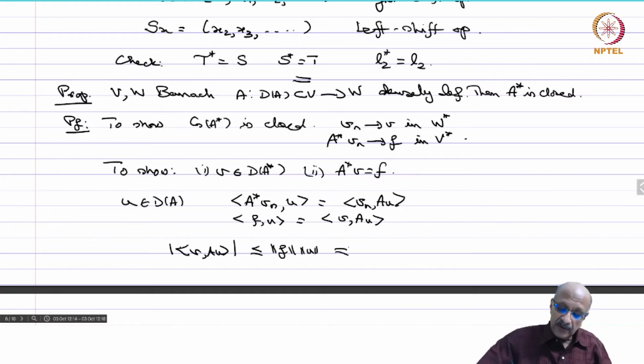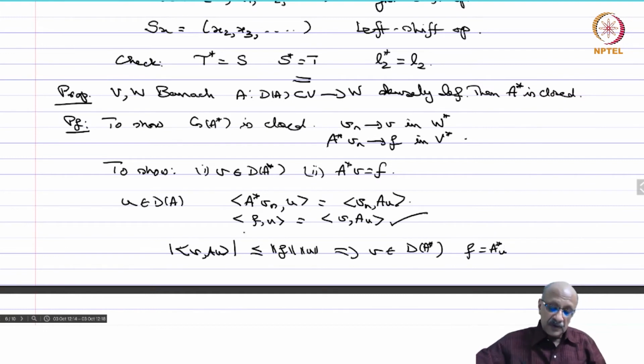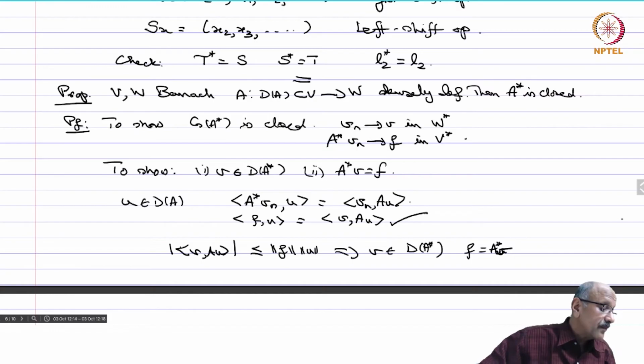So this implies that v belongs to D of A star. And this condition, which is true for all u in D of A, tells you that f equals A star v, because it satisfies the defining condition for A star v. Okay, so this proves this proposition.